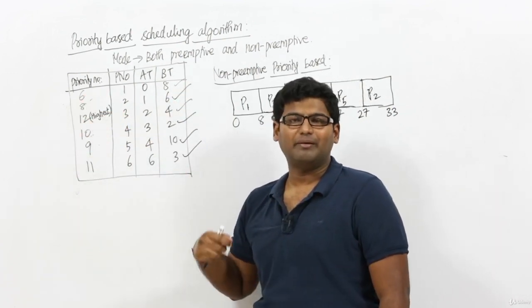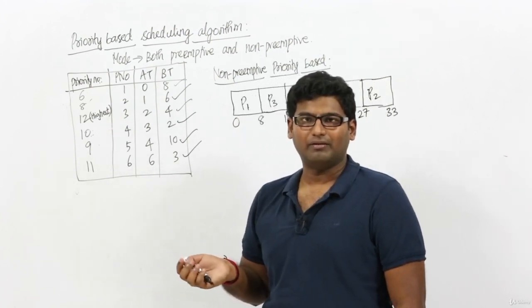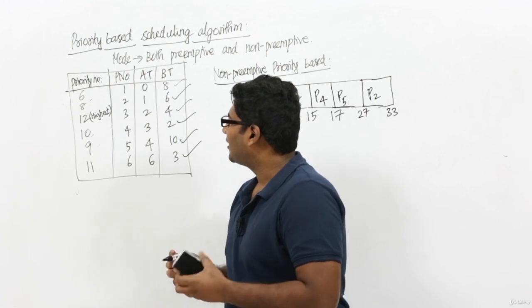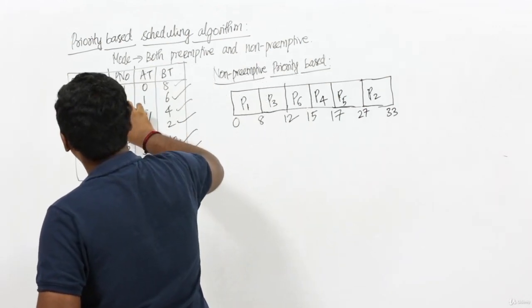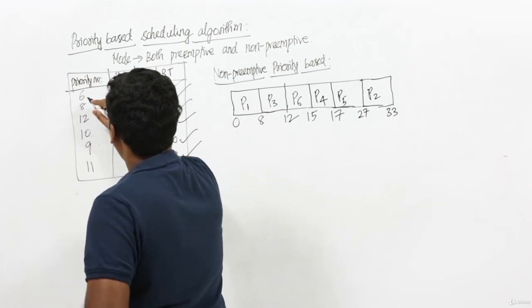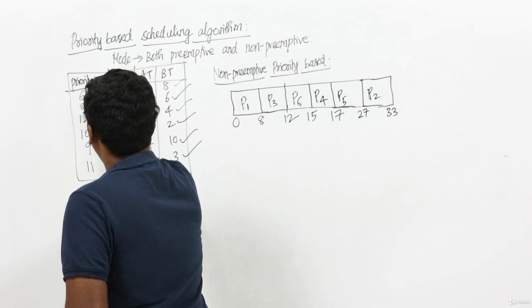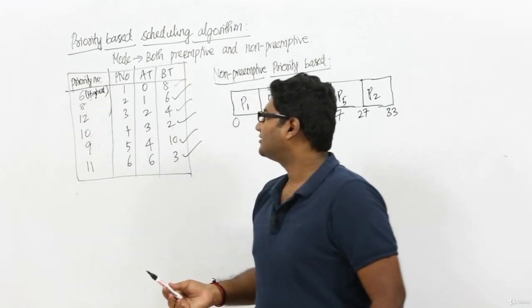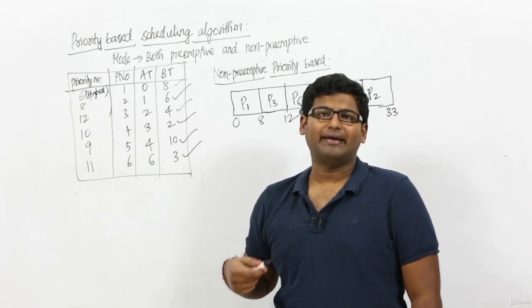They have explicitly mentioned that you give higher priority to this process. That's what they mean by this. Now in case they would have given this as highest, it means that the process with the least priority number should be given the highest priority.